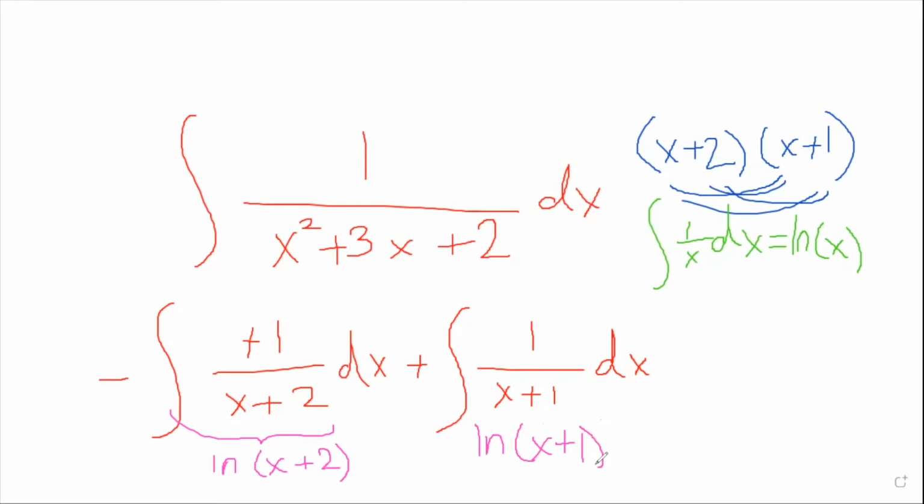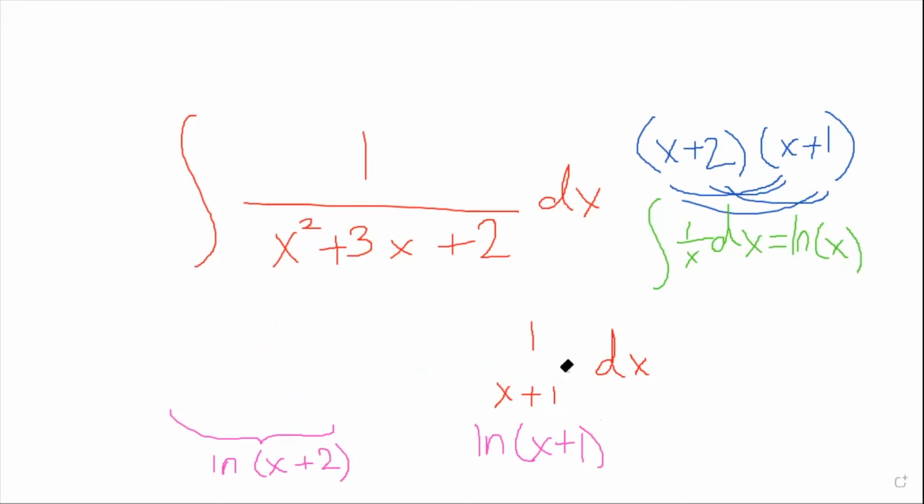Now, what we can see is that because we had the subtraction, we just have to divide the two. So remember the ln of x plus 2 and the ln of x plus 1.